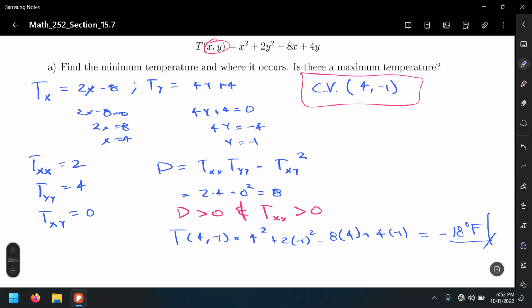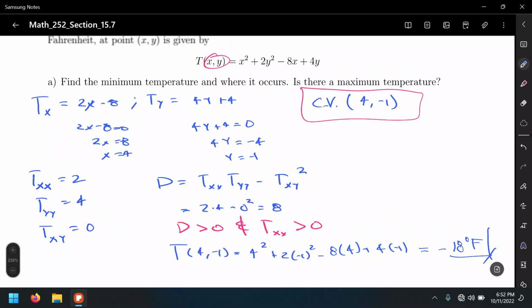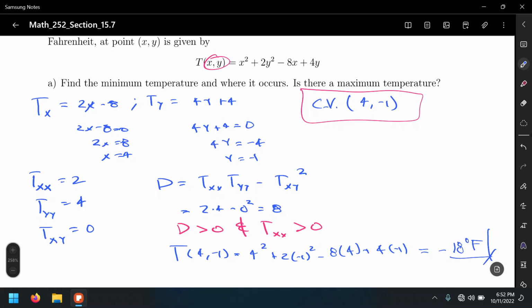So, is there a maximum temperature? Let's look at the function. Notice the original function, x squared plus 2y squared minus 8x plus 4y. Let's consider only the higher order terms, in this case the square terms. Those look like parabolas, right? So it's a parabola in the x direction and another parabola in the y direction.